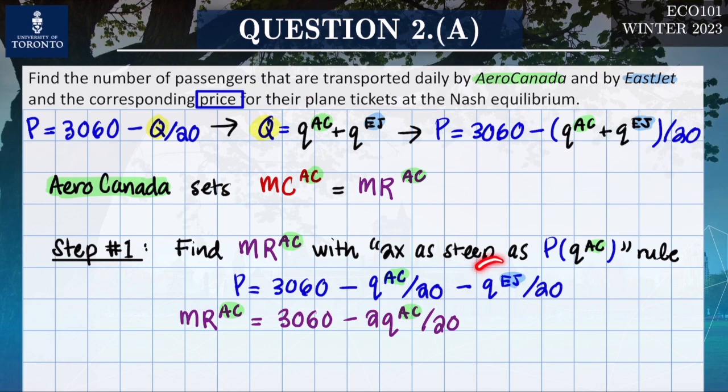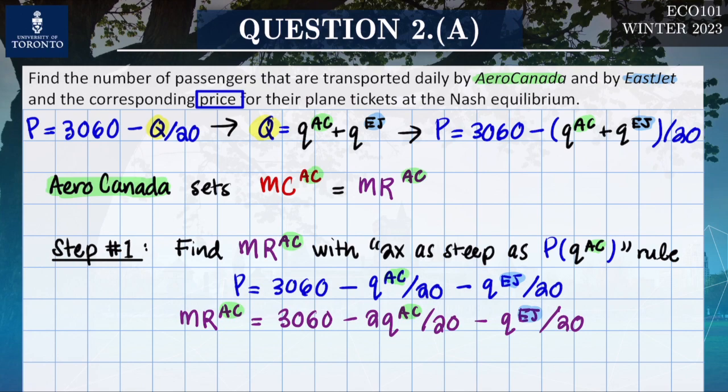And like I said, this other quantity that EasyJet produces, we are going to treat this as a constant. It might as well be a part of the intercept. We will not multiply this quantity by 2 because it is just given for Aero Canada. It is not a variable that this company can change.